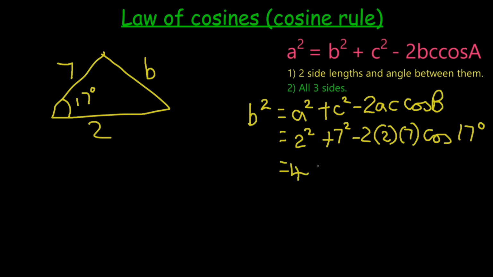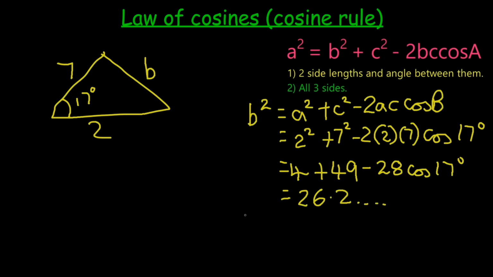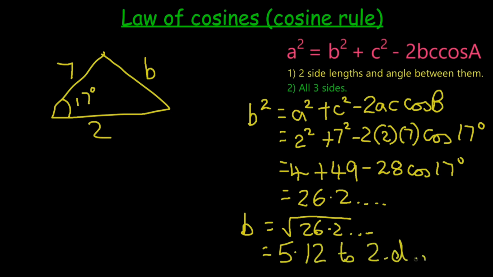This is all equal to 4 plus 49 minus 2 times 2 is 4, 4 times 7 is 28, so that's 28 cosine 17 degrees, which is equal to 26.2, but b is equal to the square root of 26.2 something, which is equal to 5.12 to 2 decimal places.